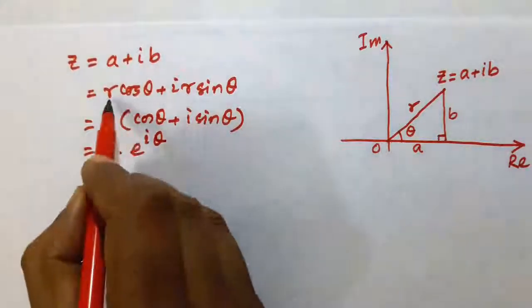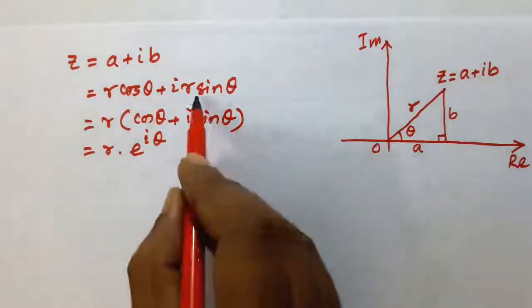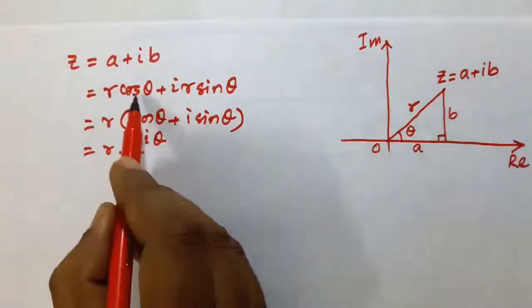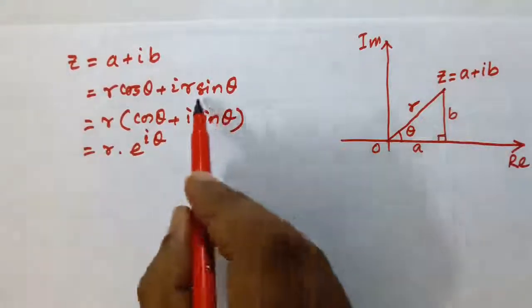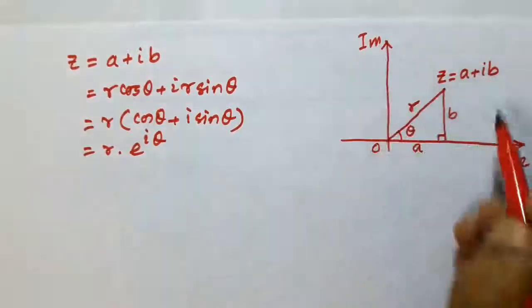Here you see that r cos theta is the value of x and r sin theta is the value of y, such that a is equal to r cos theta and b is equal to r sin theta. This is the real axis and this one is the imaginary axis, that is the Argand plane.